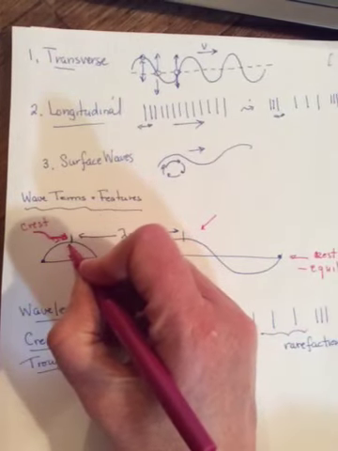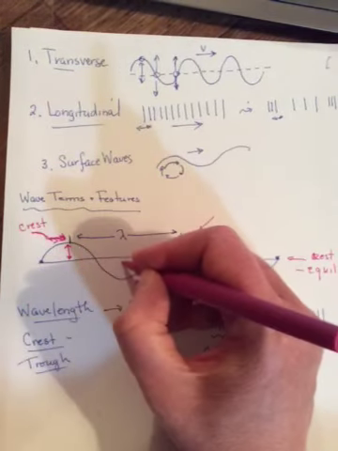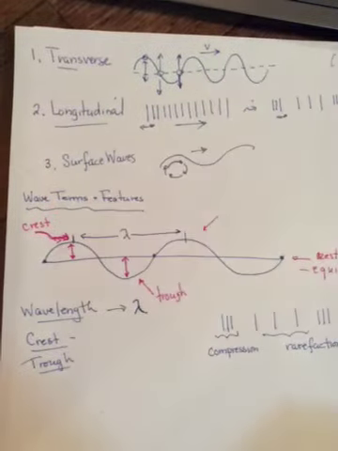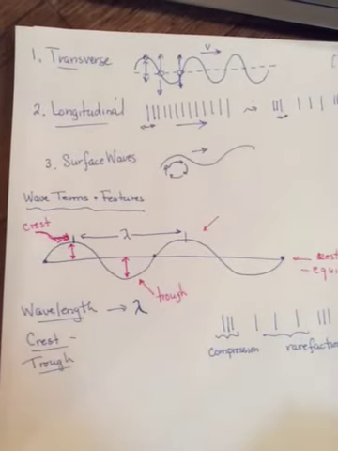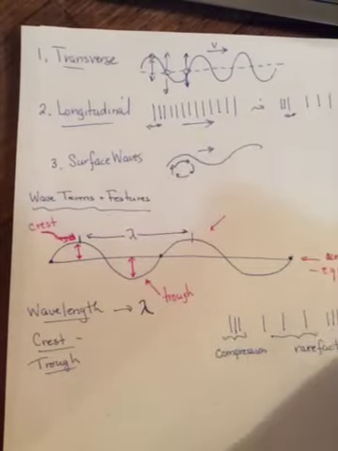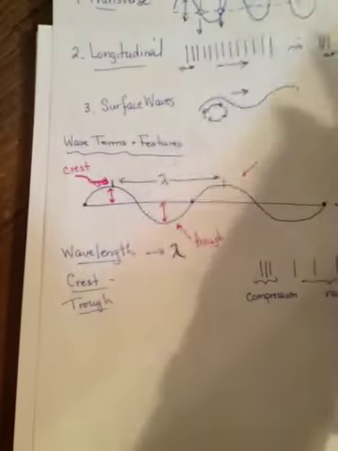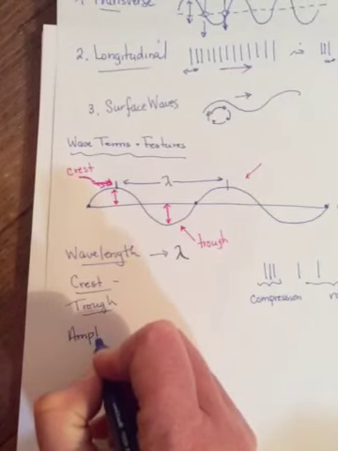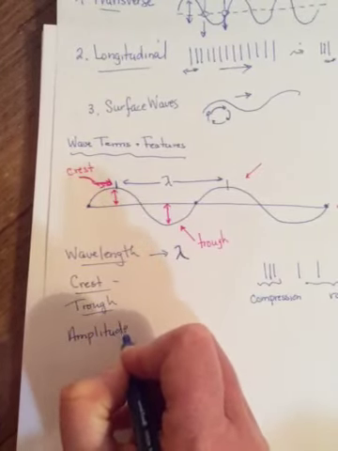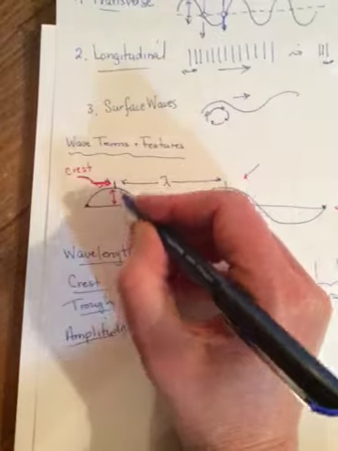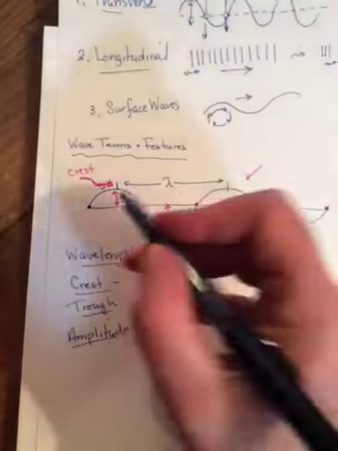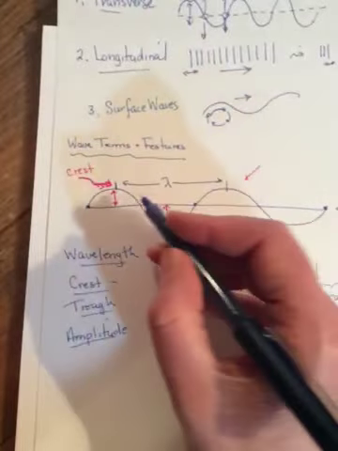the crest, the height of the wave, or the depth of the wave, okay, is the next characteristic that we need to know. And we used it last unit with springs, it's the amplitude. The amplitude of the wave is how far away it is from the rest position, the distance it is from the equilibrium position.